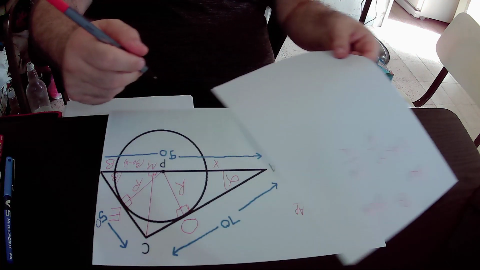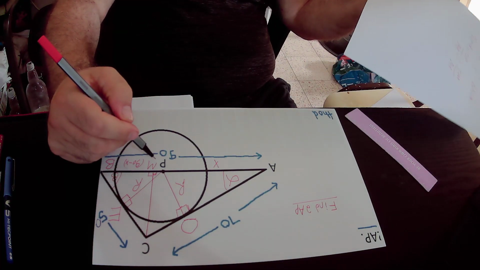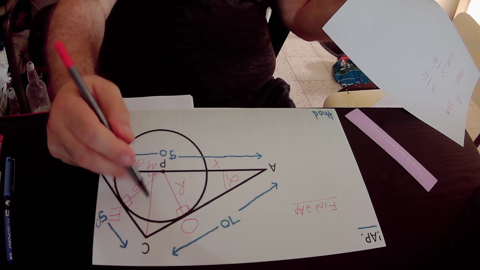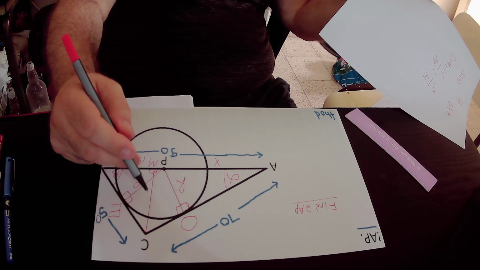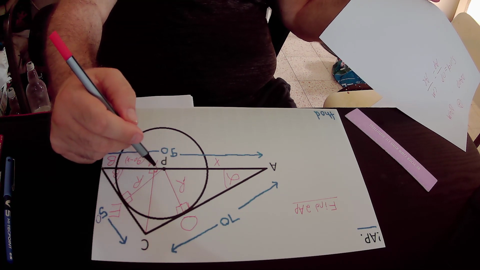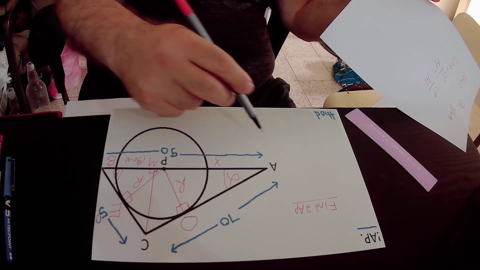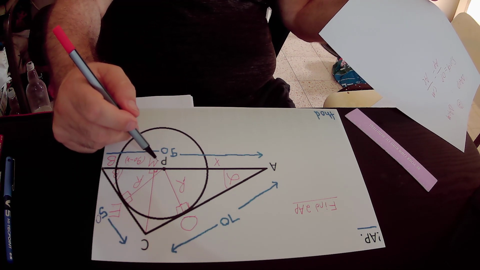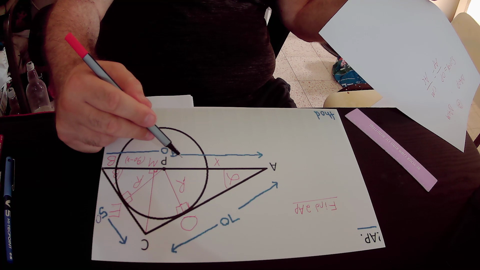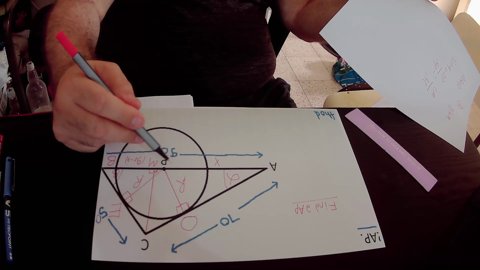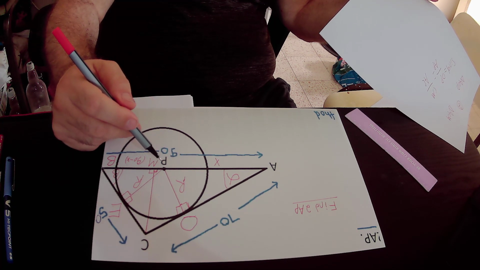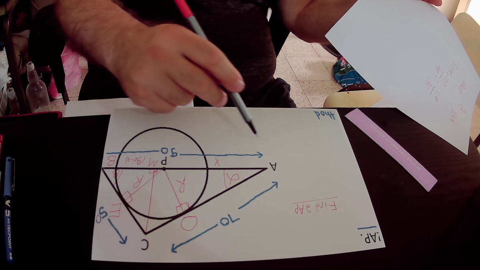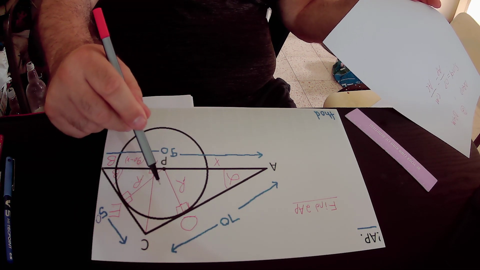Because CM is perpendicular to AP, the angle CMP is 90 degrees, so CM and AP are the legs of the right triangle ACM, and AC is the hypotenuse.